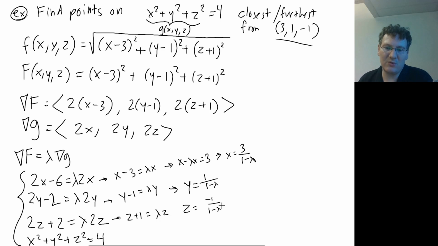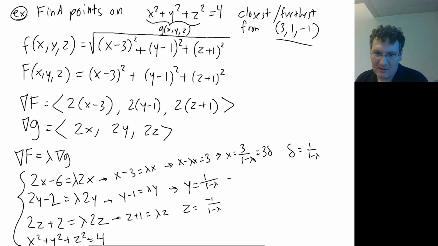So what I'll do is let delta equal 1 over 1 minus lambda for simplicity. So x would be 3 delta, y is going to be delta, and z would be negative delta. And I'm going to plug those into this third equation.